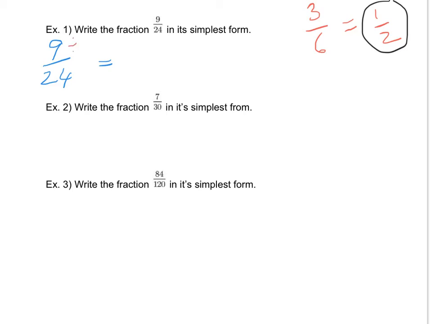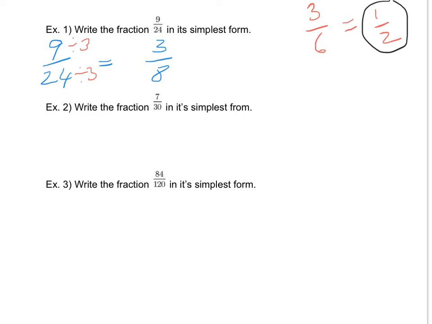So I could divide the top of this fraction by 3, and the bottom by 3. 9 divided by 3 is 3, and 24 divided by 3 is 8. So that means that 9/24 is the same as 3/8. And if you look at 3/8, I can't reduce that anymore, because 1 is the only number that goes into 3 and also goes into 8.